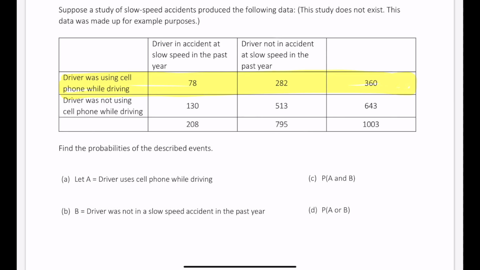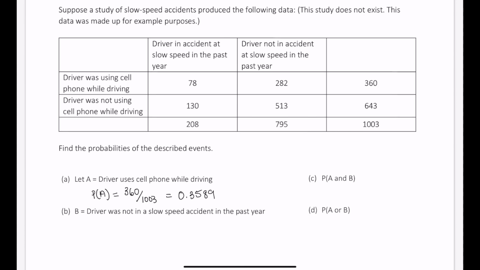And of this entire row, there are a total of 360 drivers that used a cell phone while driving. And this is out of a total, this is our grand total of 1,003 drivers. On your calculator, you can work this out to get 0.3589. So the proportion or the probability of a driver using a cell phone while driving is 0.3589.